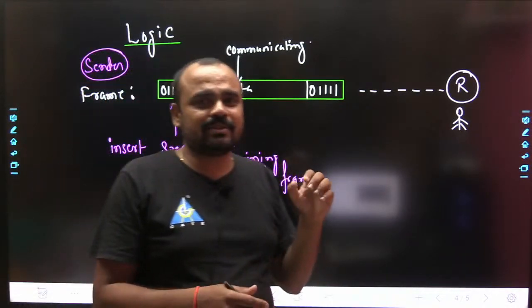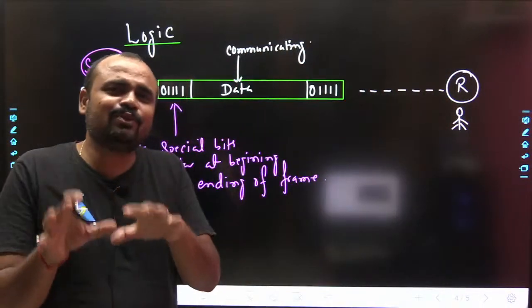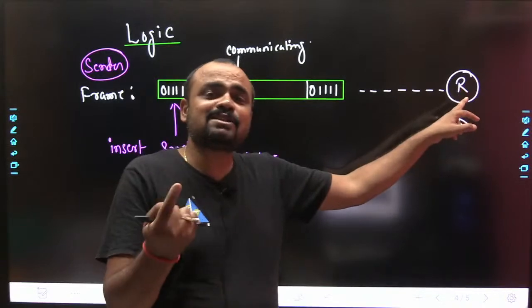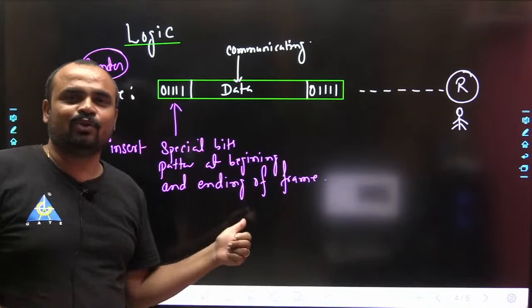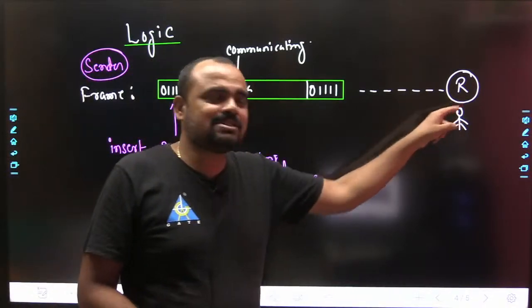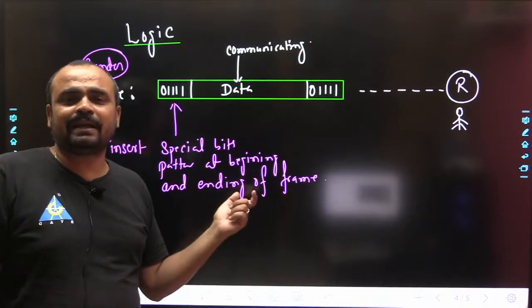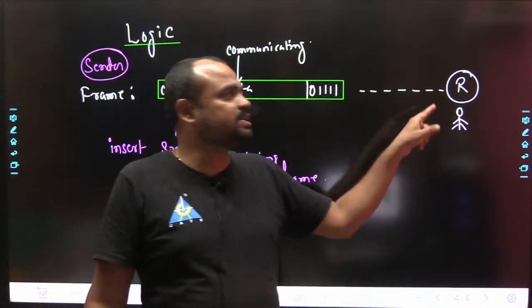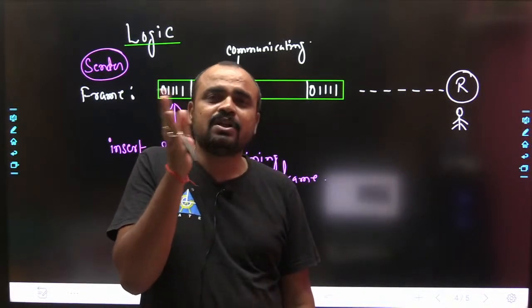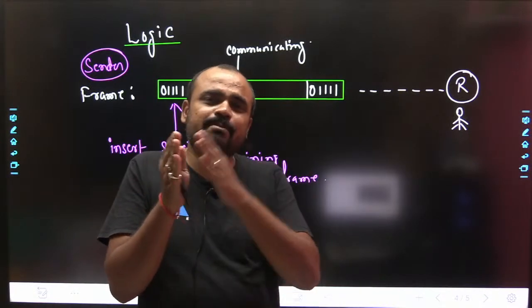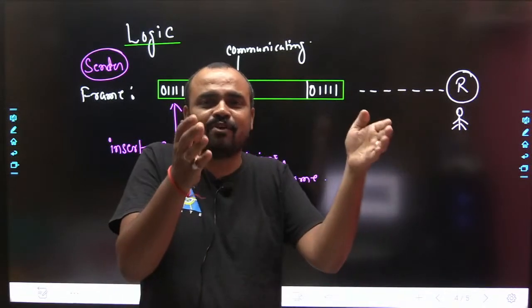So all the time the same situation will happen. Means more or less you are able to understand that the receiver also has information about this special bit pattern, yes or no? Because only in that situation is the receiver watching for the special bit pattern at the beginning of a sequence of bits, and once the same bit pattern hits, it will understand this is the first frame.